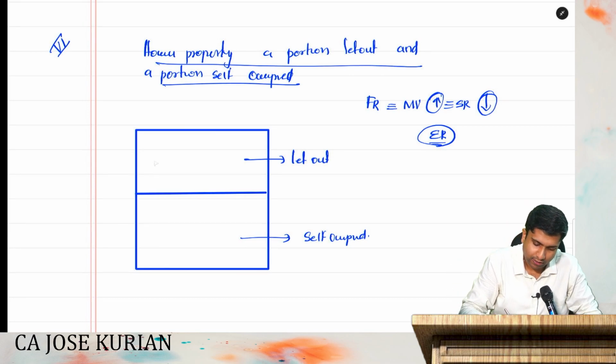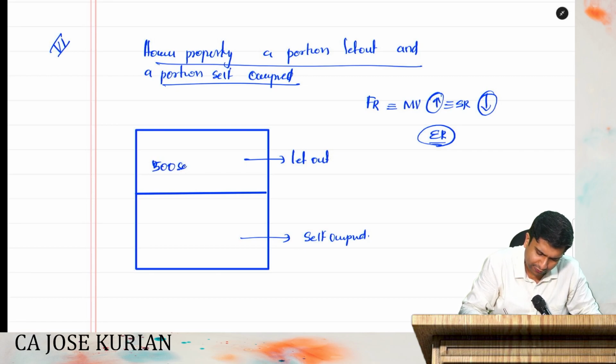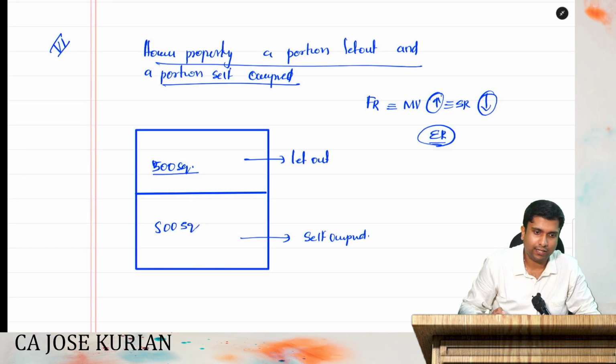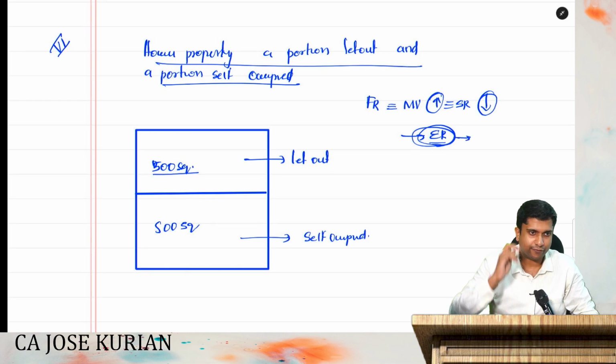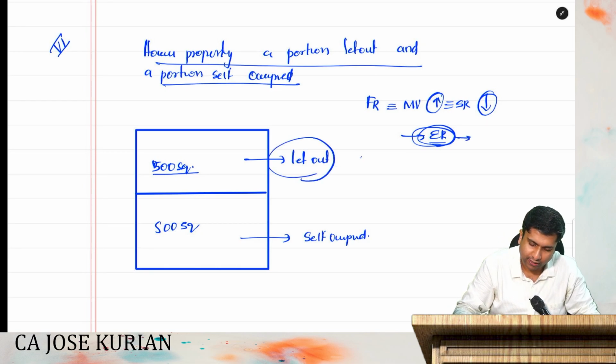Say, for example, 500 square feet is the first floor and 500 square feet is the ground floor. If it is like that, then you need to split this expected rent into 2, half. For the self-occupied half, GAV shall be nil.